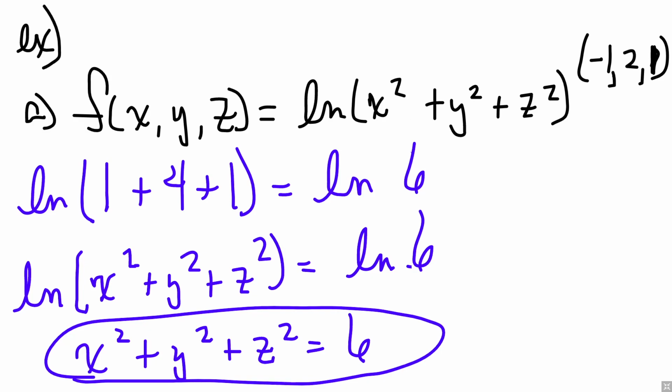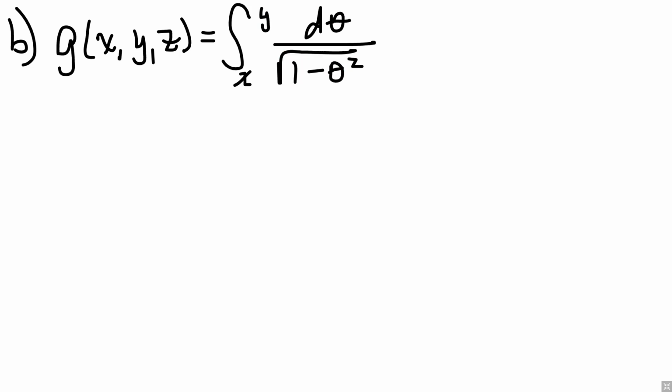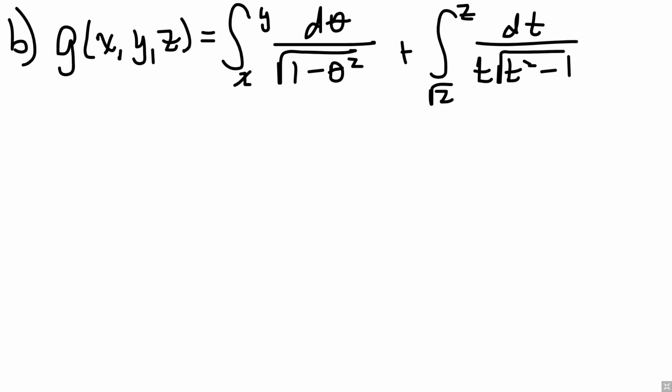Okay, so next, let's look at the next example. In the next example, we have g of x, y, z defined as the integral from x to y of d theta over the square root of 1 minus theta squared, plus the integral from square root of 2 to z of dt over t times the square root of t squared minus 1.